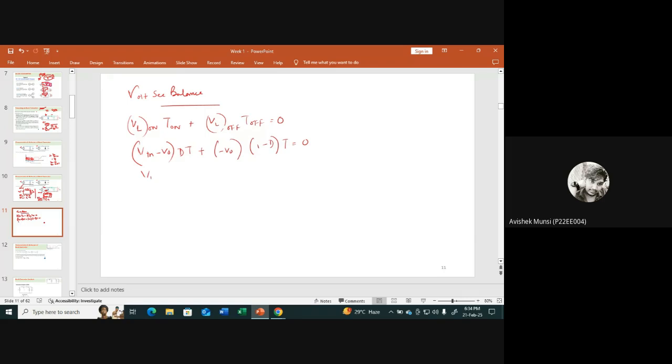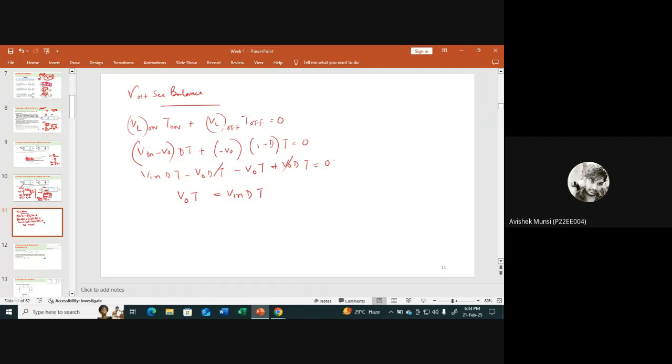So it will be V in dt minus V0 dt minus V0 plus V0 dt, that is equal to 0. So this will cancel, and ultimately it will be V0 equals V in dt.